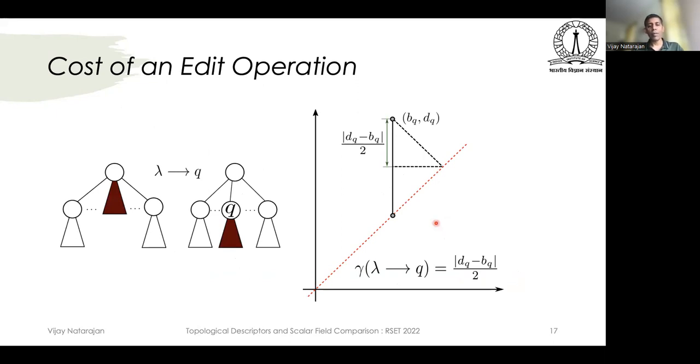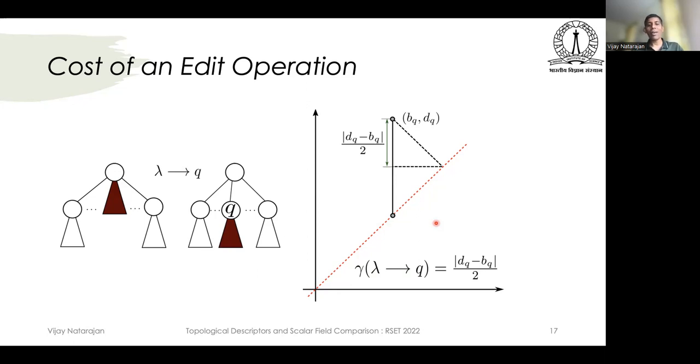If you think about it, all these edit operations are based on a node in the tree. So what is the cost associated with an insert? When you insert a node into a tree, this comes with some cost that depends on the weight of that node.